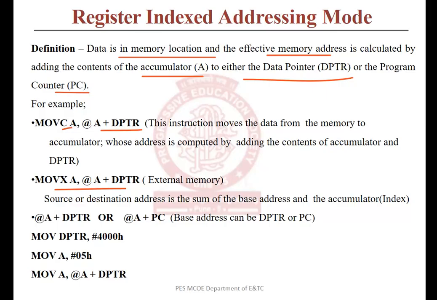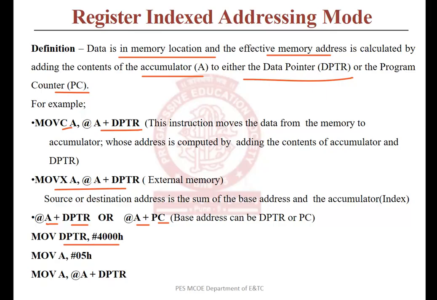For base address it can be a DPTR or a program counter. Base address will always be given by DPTR or program counter, and the index is in the accumulator. In each instruction you can see A plus DPTR or accumulator plus program counter. So the address will be calculated by adding the contents of accumulator with DPTR or program counter. Here you can see first MOV DPTR, #4000h.